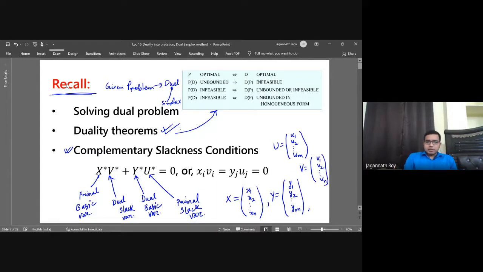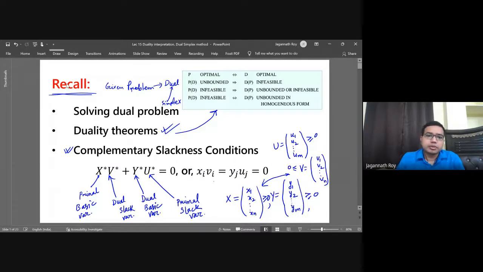So if we multiply them, then we will get this product is 0. Since all of these are non-negative, this is also non-negative.